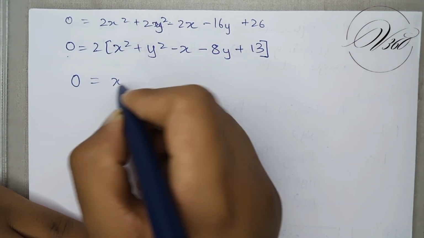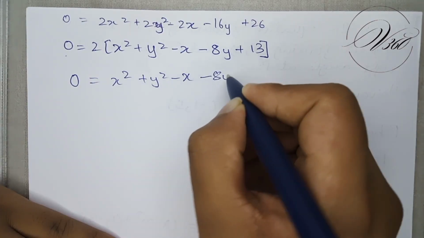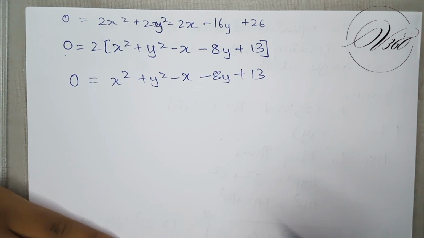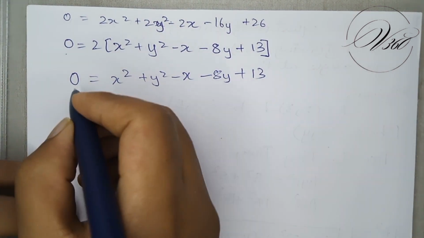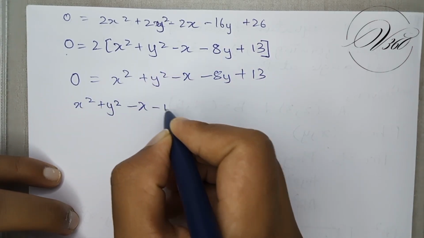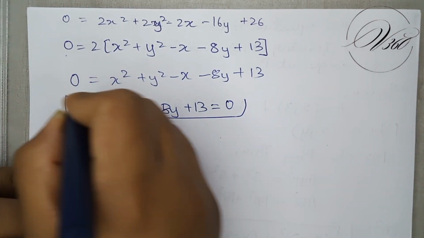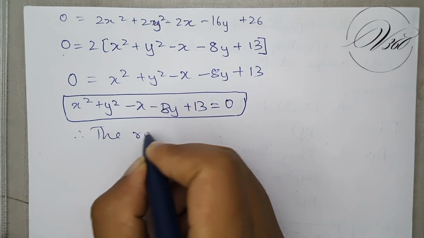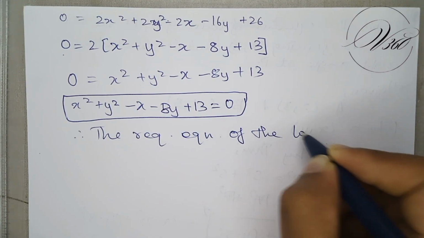Finally we will get x square plus y square minus x minus 8y plus 13 is equal to 0. This is the required equation of the locus.